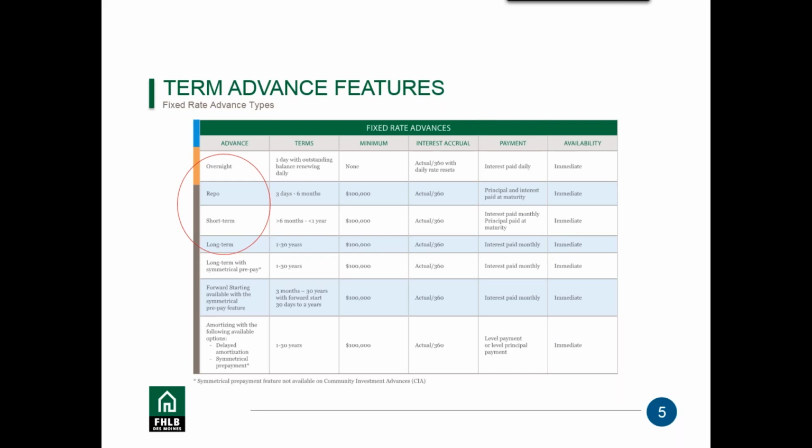And again, note that there are no minimum amounts associated with the overnight Fed funds advance, and that the key difference between a repo advance and a short-term advance concerns the fact that the repo advance has principal and interest that's paid at maturity, while short-term advances call for interest to be paid on a monthly basis. So it's always good to generally think of non-structured term advances as the analogy of just-in-time inventory for manufacturing companies.